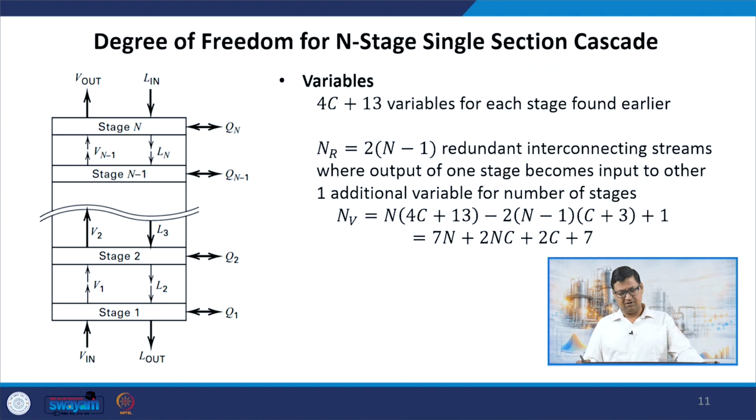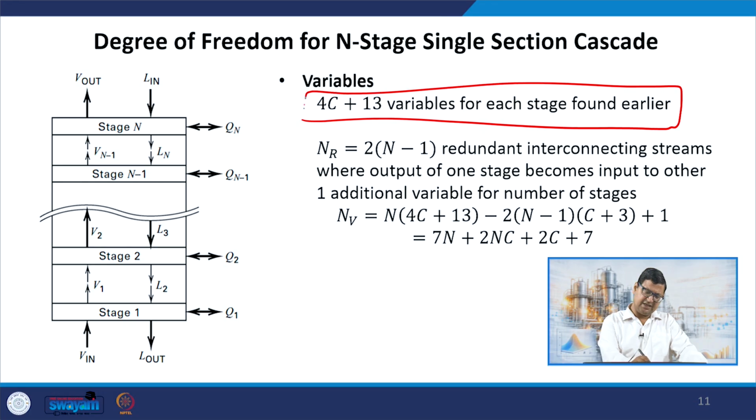And now we can go ahead and apply this idea to a cascade of these stages, right. As we have noted, we had 4C plus 13 variables for every stage identified earlier. But now there are some redundant variables that appear twice, right. So let us say, for example, V n minus 1 is leaving stage n minus 1 and entering stage n, right.